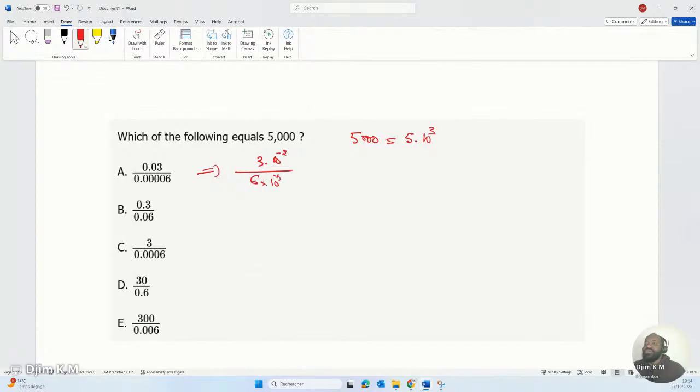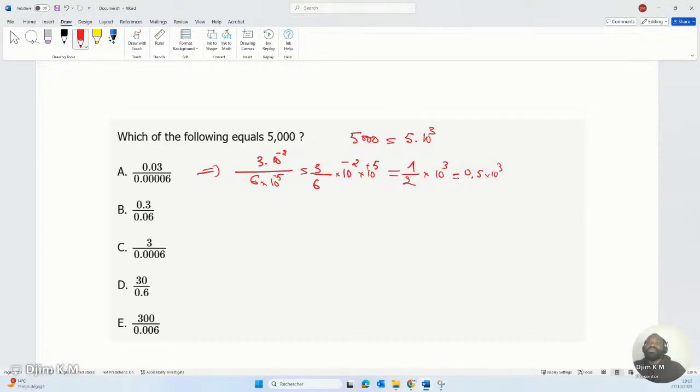This is also equal to 3 over 6 times 10 to the power minus 2, minus minus 5, so it's going to be plus 5. And this gives us 1 over 2 times 10 to the power 3. So it's simply 0.5 times 10 to the power 3.